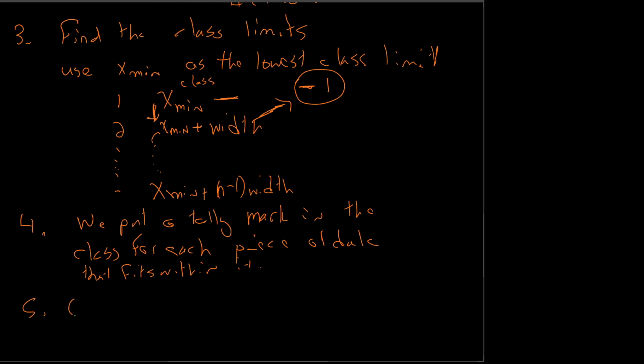And then we count up the tally marks. And this is how we construct a basic frequency distribution. And what I'm going to do here is I'm going to pause this video and we're going to do one. I'm going to put some data up and we'll create a frequency distribution out of it.